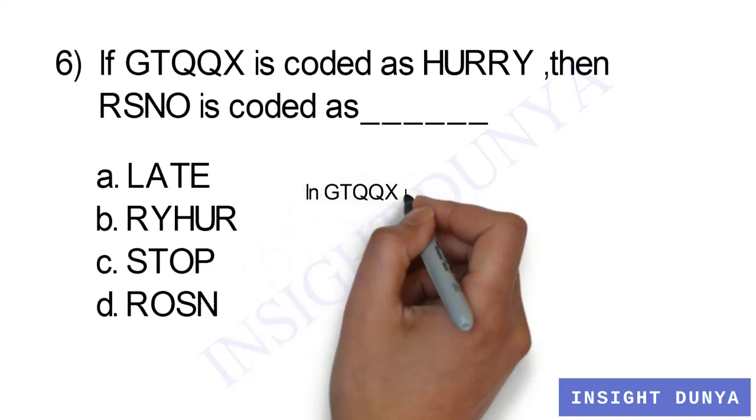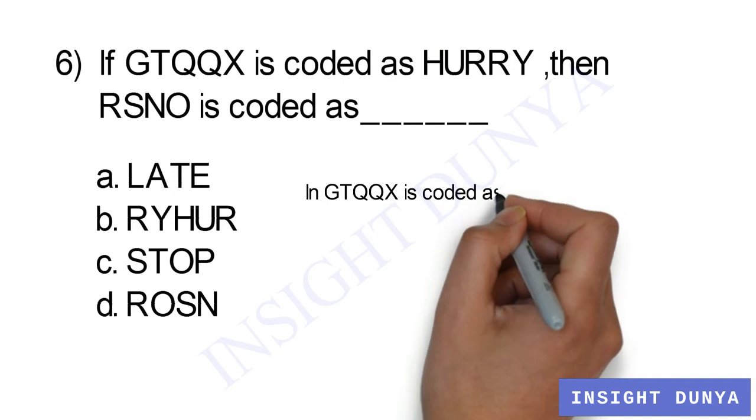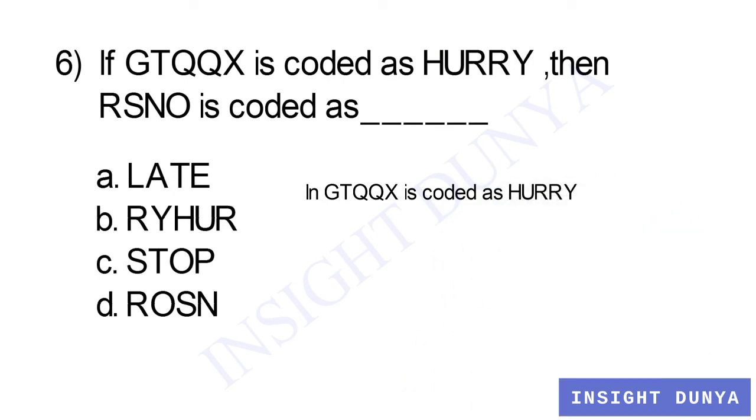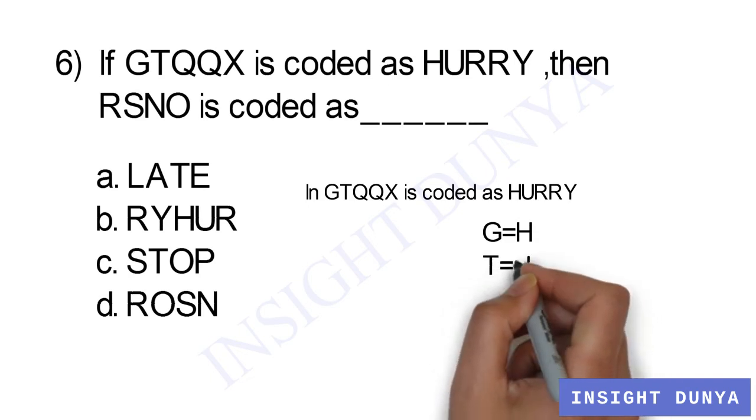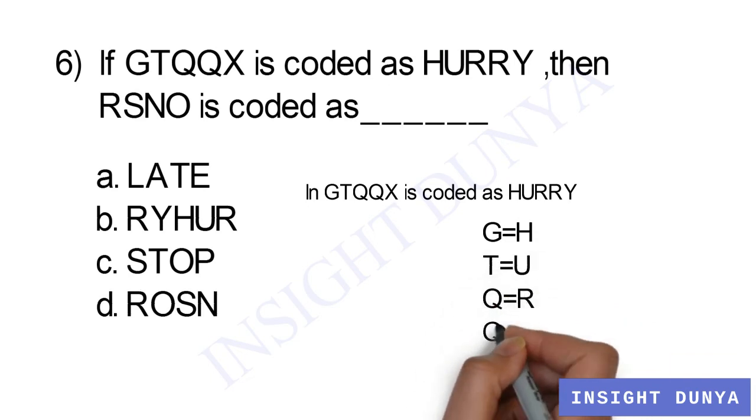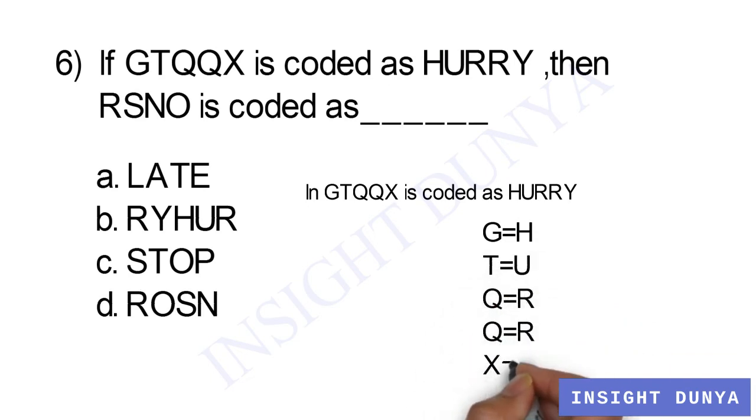GTQQX is coded as HURRY. You can see that G is to H, and T is equal to U, and Q is equal to R, Q is equal to R, and X is equal to Y. You may find that the alphabets in HURRY are one step ascended as compared to GTQQX.